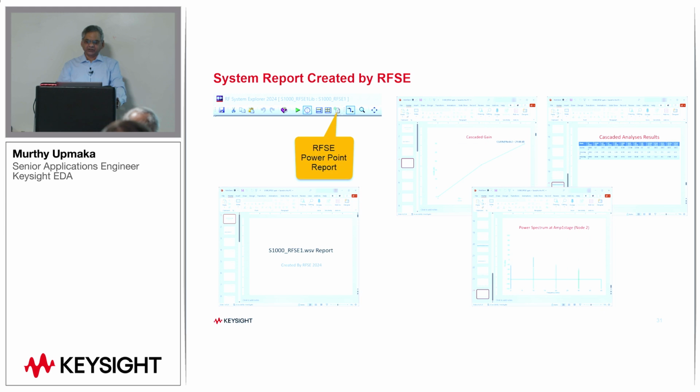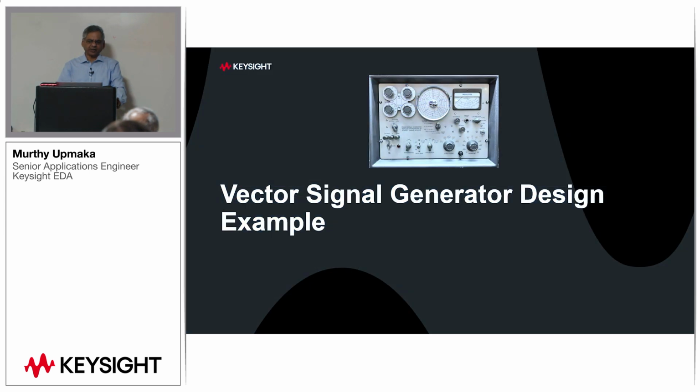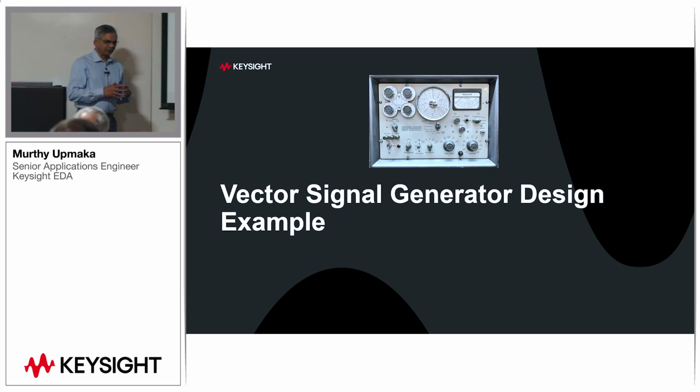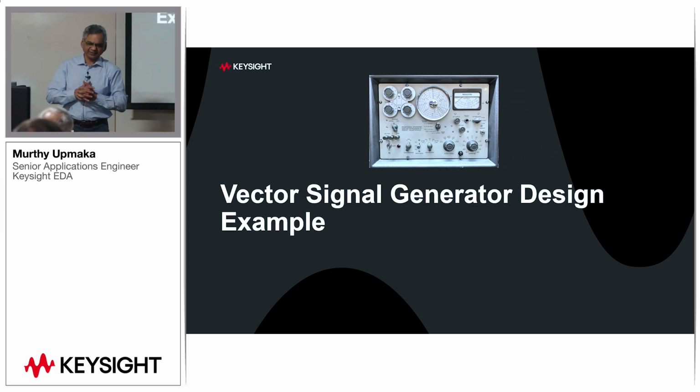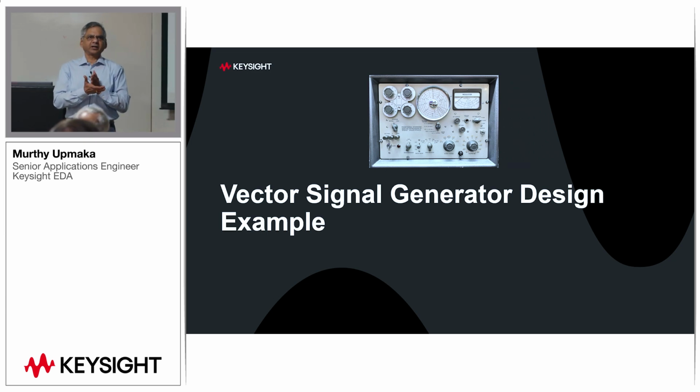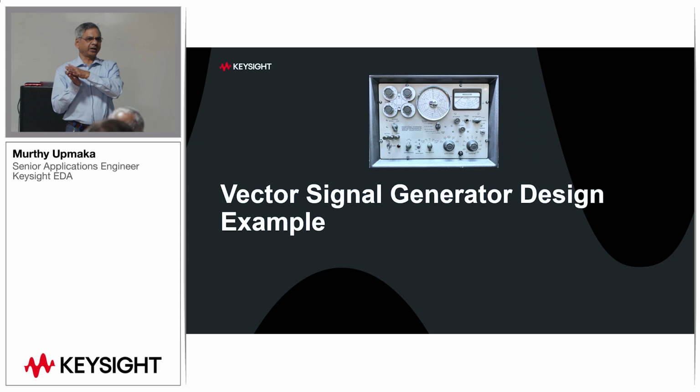And you will be able to construct more elaborate models for your circuits at that point, and then run the system analysis. There is also a script we provide, and when you push that button, it will go and capture a multi-page document of all the measurements, IP3s, and then the entire performance of the system.